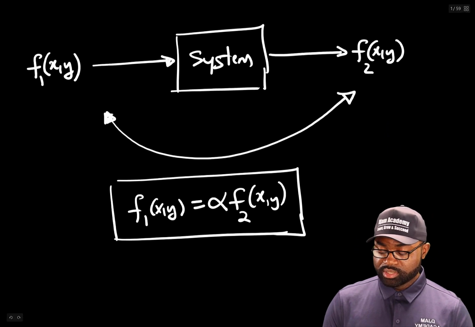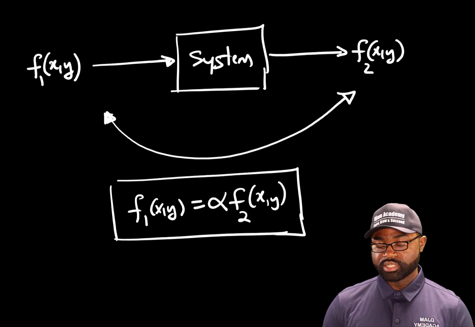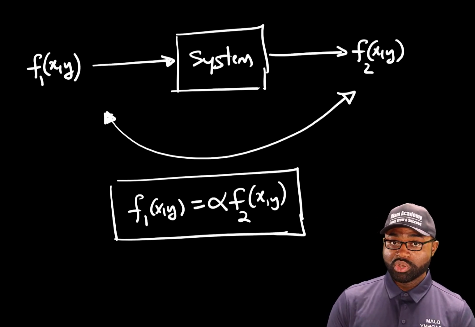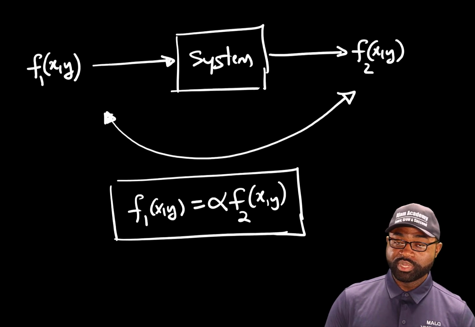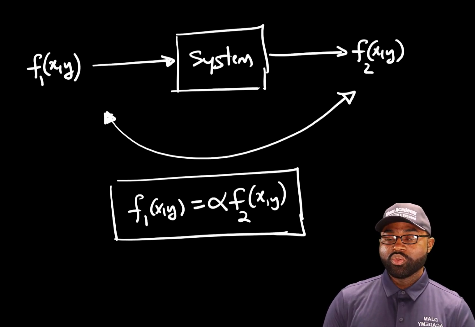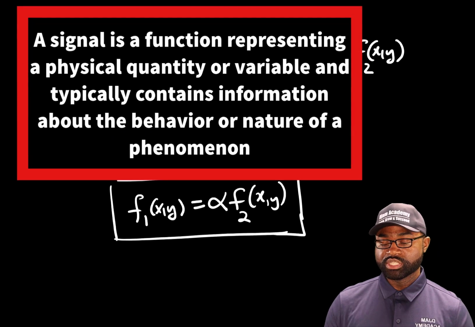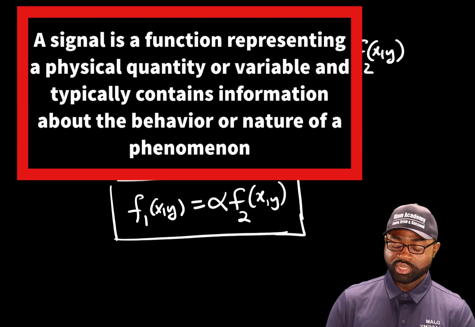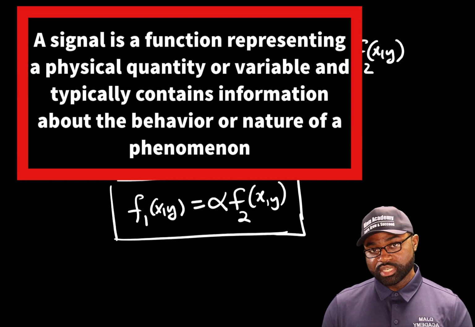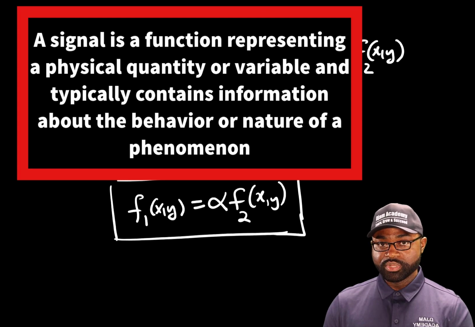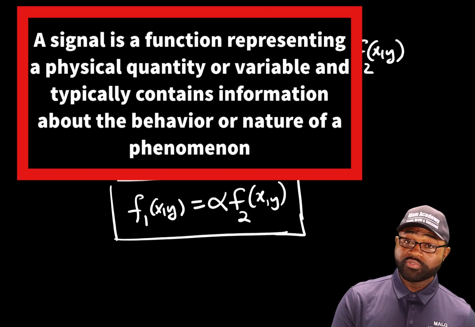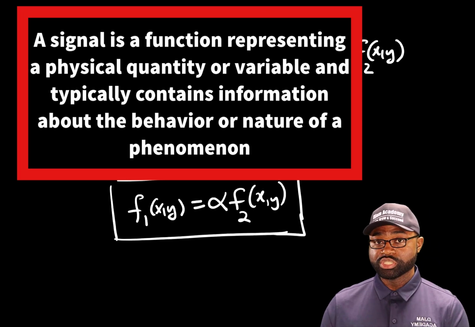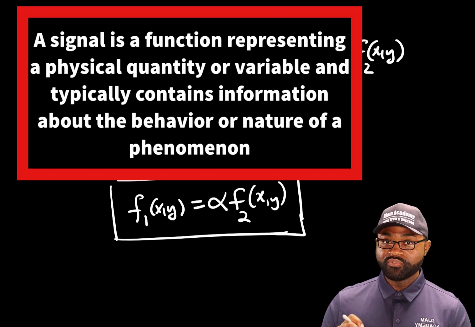But the question remains, what is a signal? A signal usually is represented by a function of one or two independent variables, which contains information about the behavior or the nature of a particular physical phenomenon. Let me say that again. A signal is simply an abstraction of a physical quantity represented by a function of one or two independent variables.